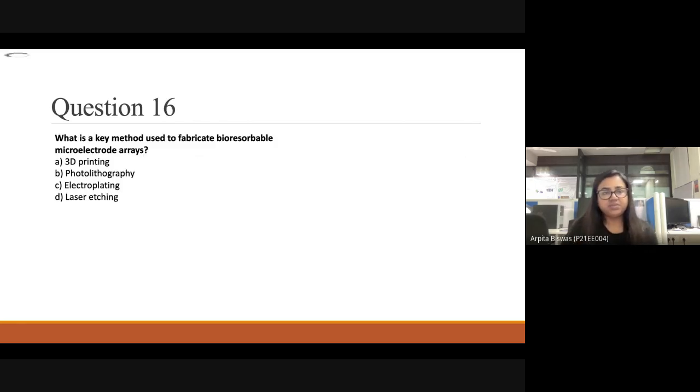Next, moving towards question number 16. What is the key method used to fabricate the bioresorbable microelectrode array? First option is 3D printing, second is photolithography, third is electroplating, and option D is laser etching.